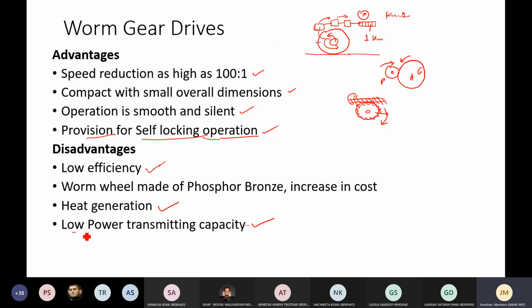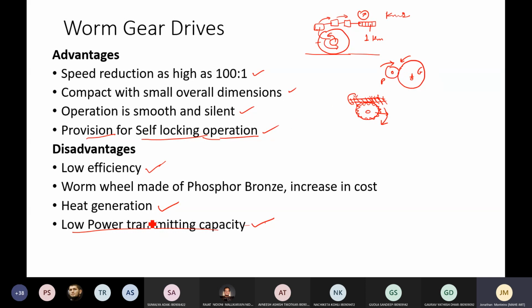When we say low power transmitting capacity, that means the power that is given in order to drive the mechanism, when it comes out as driven from the worm wheel, comes to be a much lesser value when compared to a similar combination of spur gear, helical gear, and even bevel gear. Why?